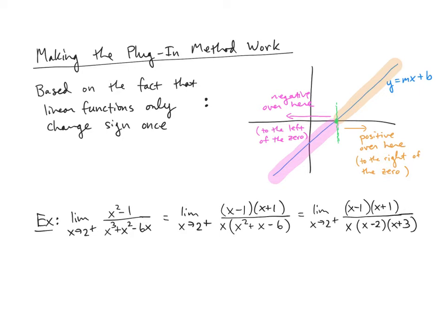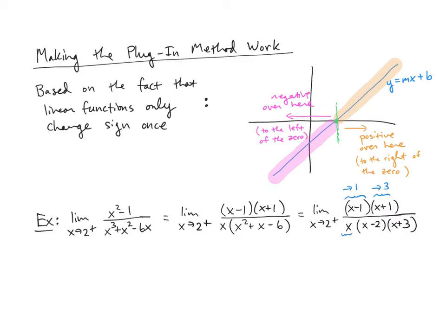Okay, so now at this point, we follow the method that we discussed in class. You just analyze the numerator and denominator separately, and you analyze each of the parts of the numerator and denominator. So this x minus 1 term is approaching 1 as x goes to 2 from the right. This, we're just plugging in here, basically. So this is approaching 3 by plugging in 2.